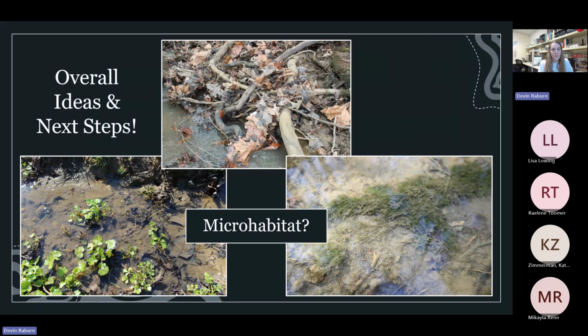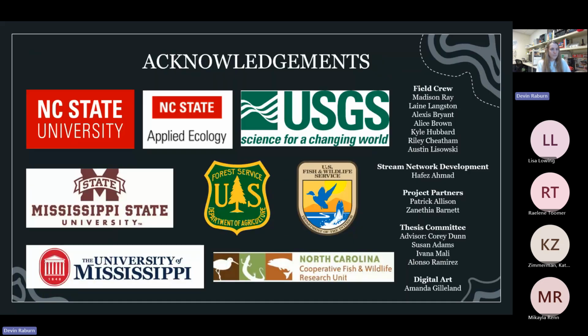We have a lot of herbaceous vegetation, like emergent vegetation in the stream itself. And we have a lot of leaf litter and root wads, root mats, things like that, where they can hide under and get away from predators that live in these systems. We can see some algae too. So that just might be something that I think could influence occupancy. Stay tuned for that as well.